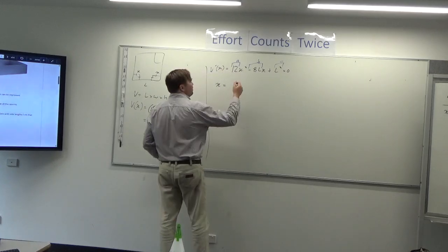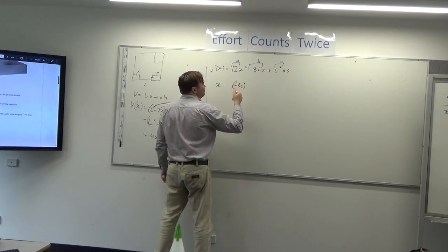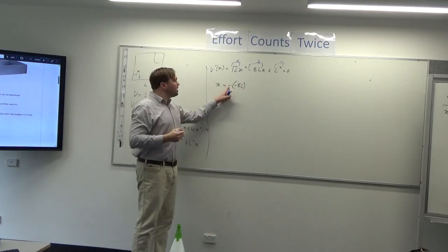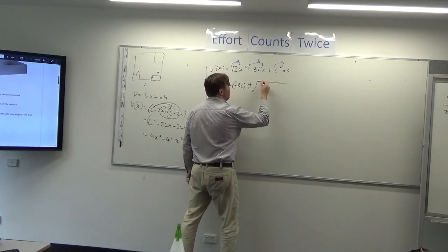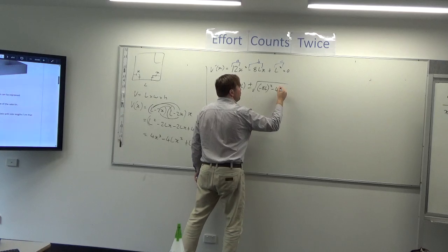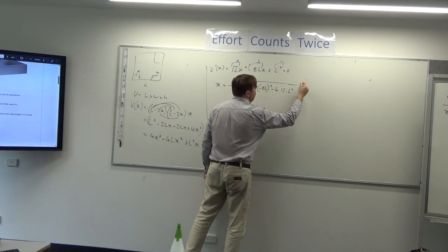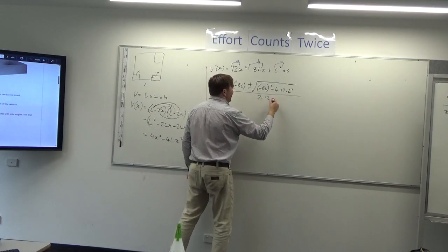Alright, B squared, take 4AC. It's minus B, so don't square it yet, minus B plus or minus the square root of, now we do B squared, take 4 lots of A, lots of C, over 2A.